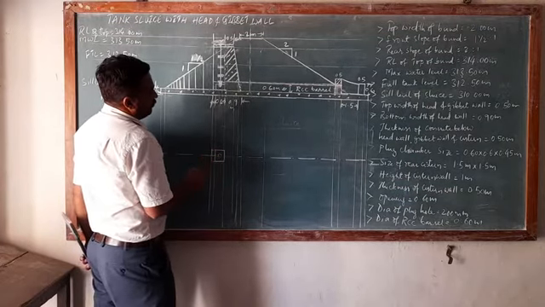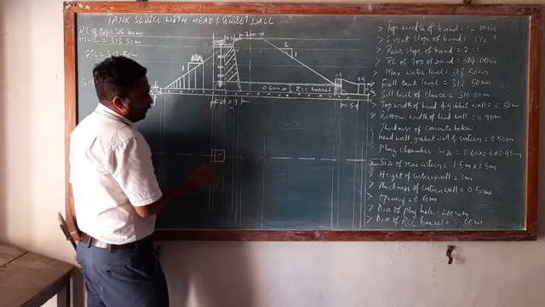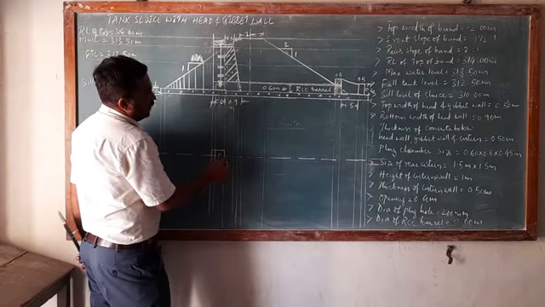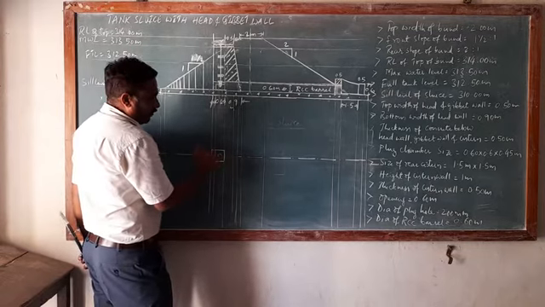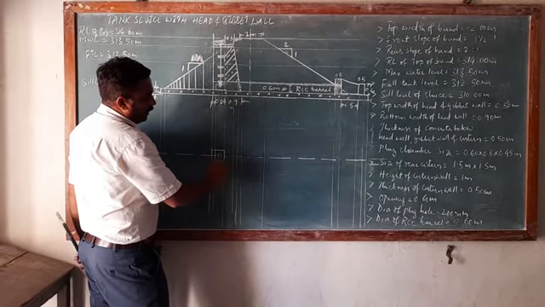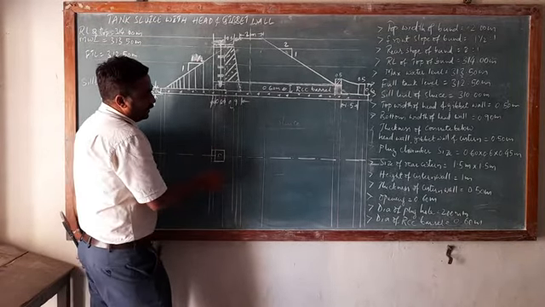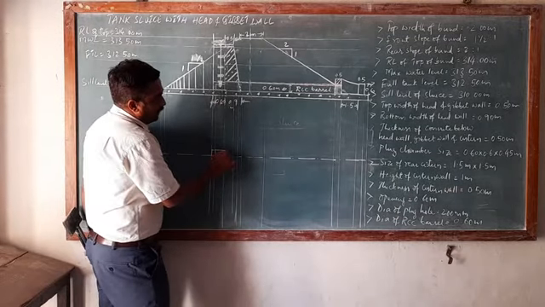Now we are going to draw the head wall and gibbet wall arrangement. As we understood in the previous video, on this side there will be a head wall and there will be two gibbet walls attached to this or constructed monolithically.